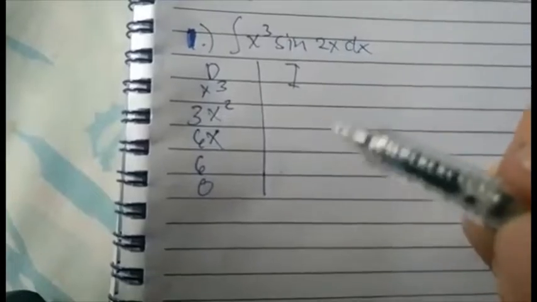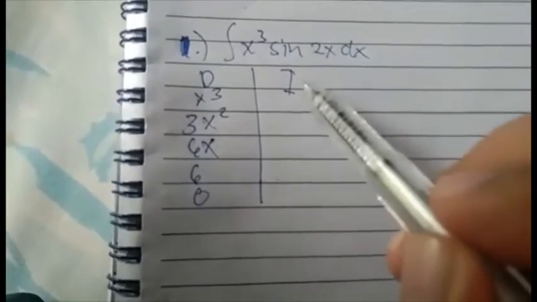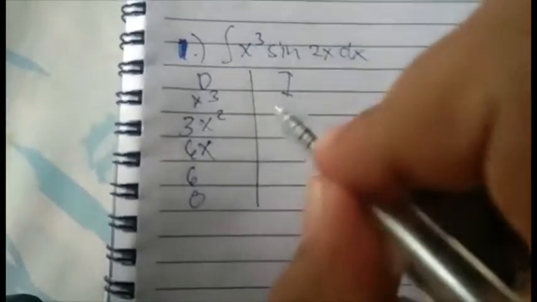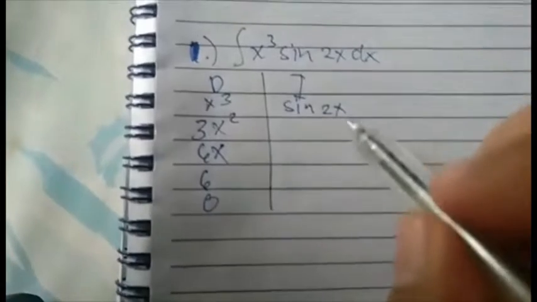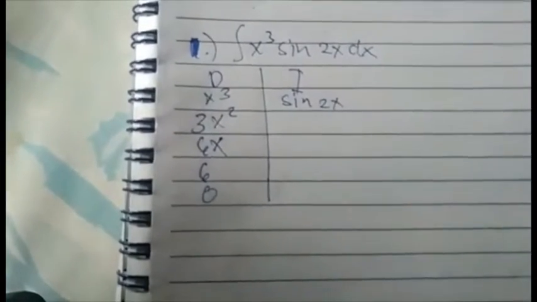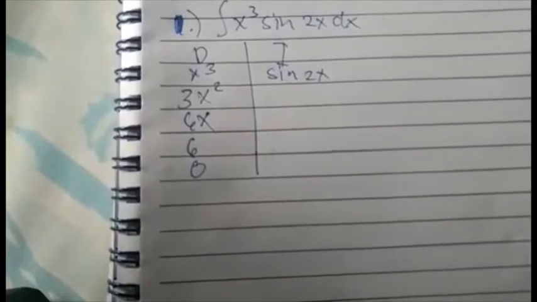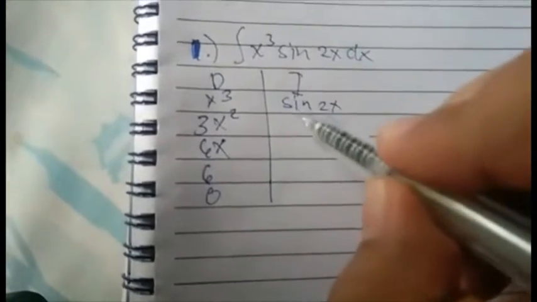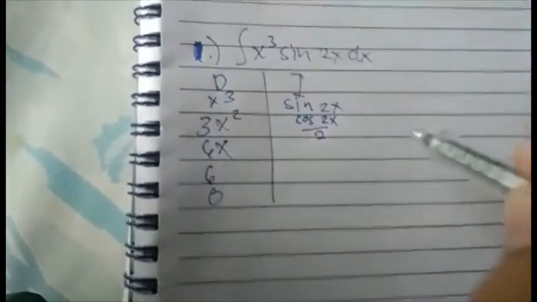What is I here? Our I here will be sine 2x. Then we are going to integrate it. What is the integral of sine? It's negative cosine, right? Cosine 2x over 2.